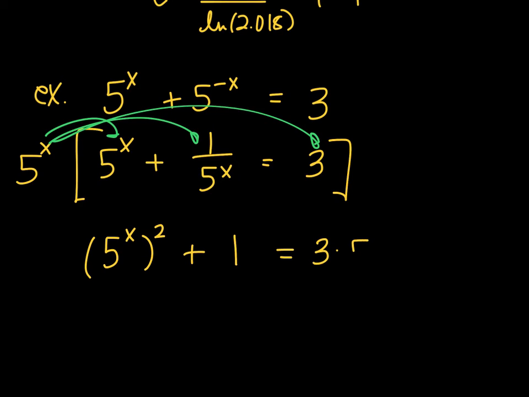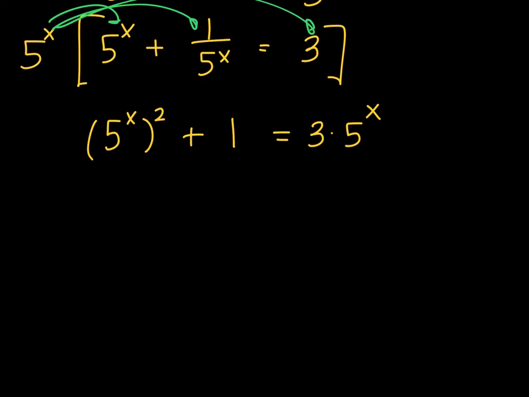And at the opposite side, we have 3 times 5 to the x, which is not 15. 3 times 5 to the x is not 15 to the x. It's 3 times 5 to the x. What do you do with any problem that has a square in it? We call it a polynomial when it has a square in it.